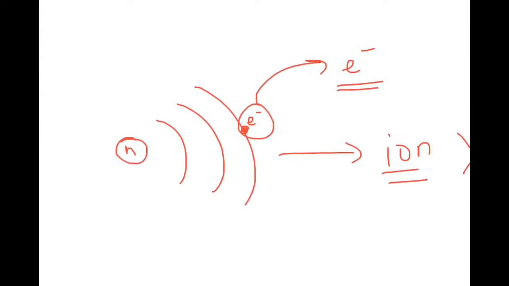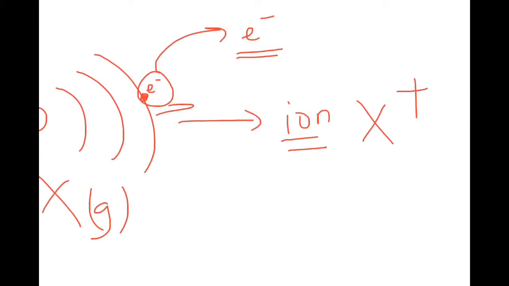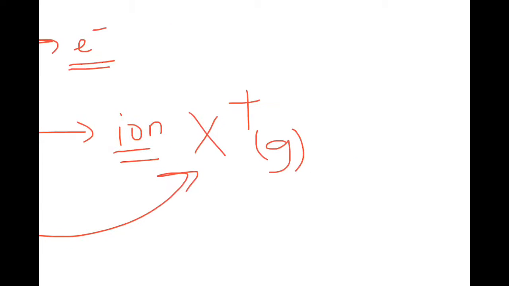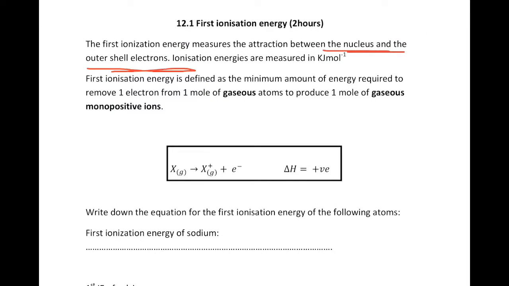Now, for us to be able to do this, we need to start only with the gaseous element. From the gaseous element, we're removing an electron to end up with monopositive charged ions plus the electron, which is gone. So this is ionization energy.